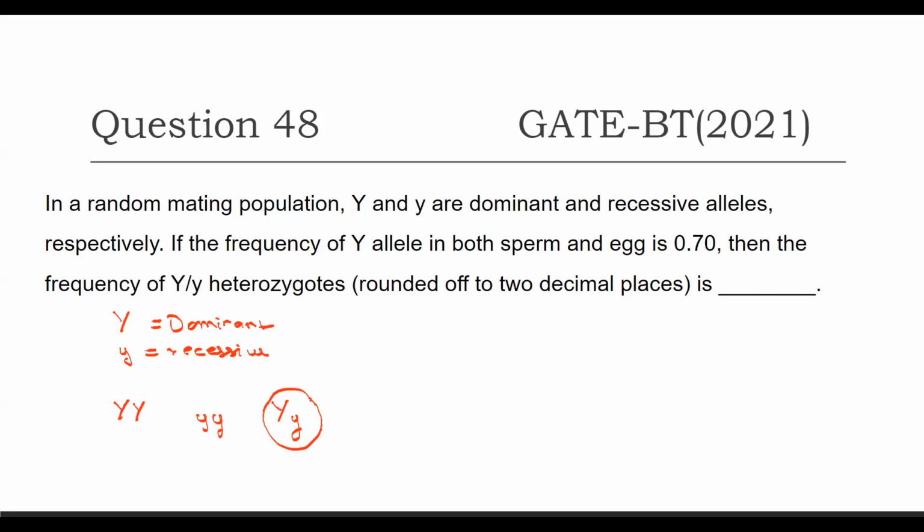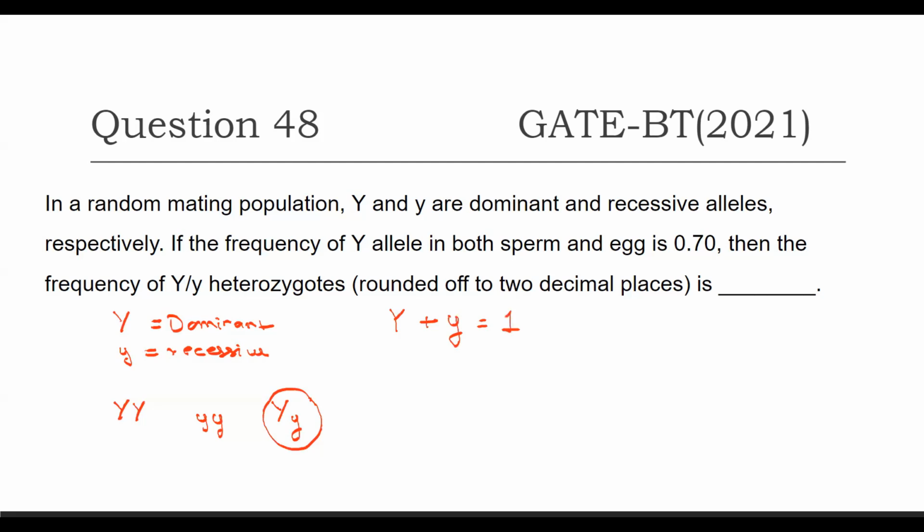So when you talk about frequency or probability, the sum of the total probabilities of the individual events that can occur is always equal to 1. So that means the probability of allele capital Y occurring plus the probability of the allele small y occurring is equal to 1.